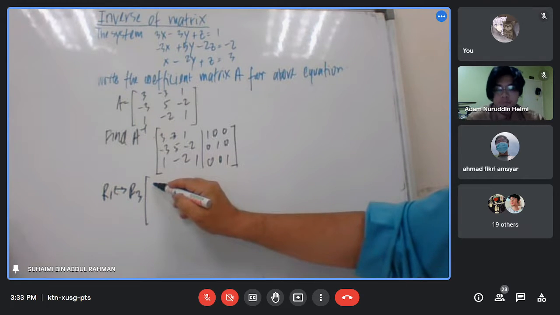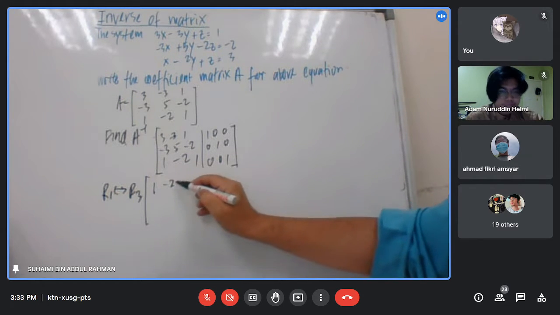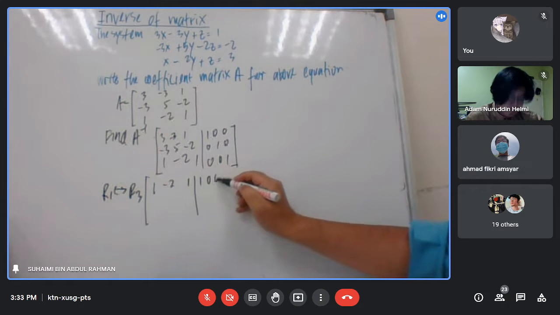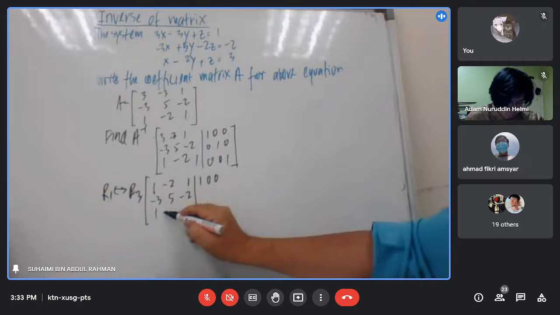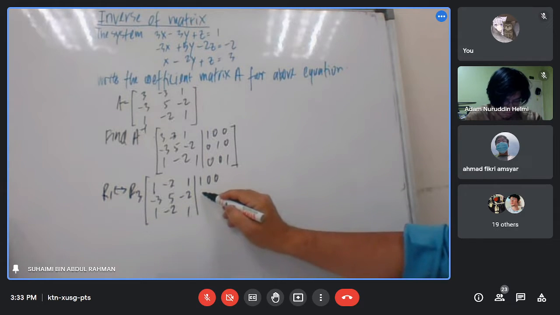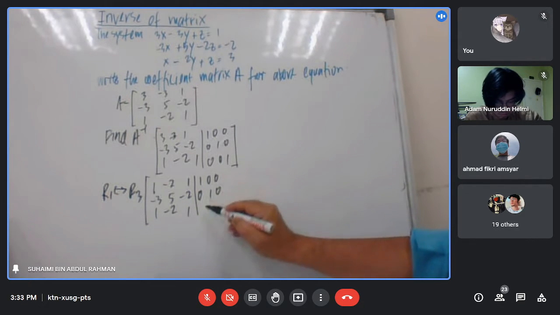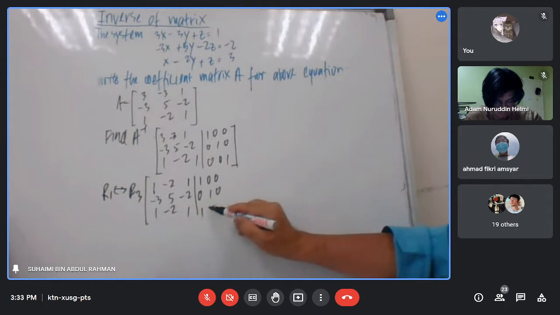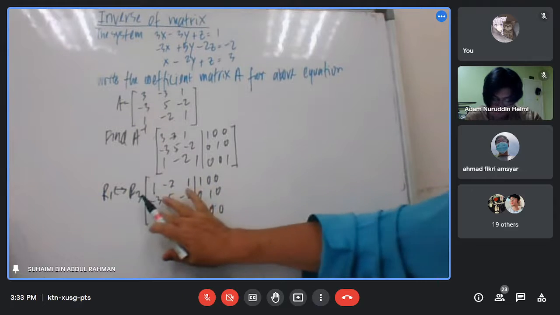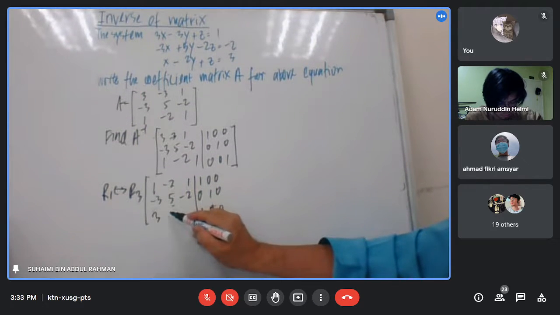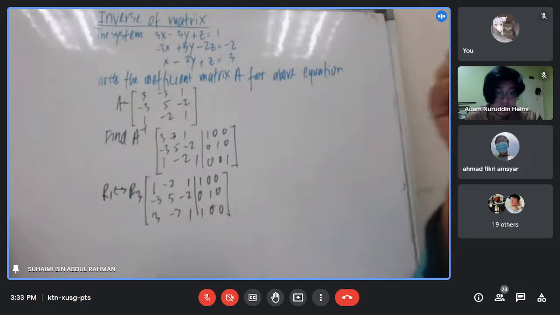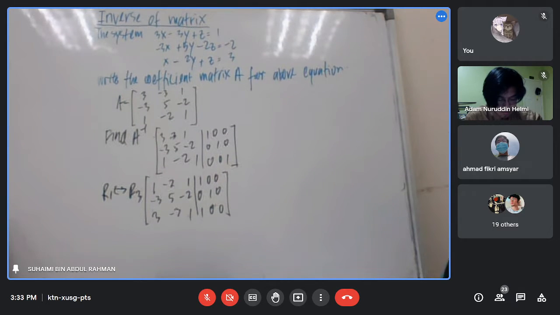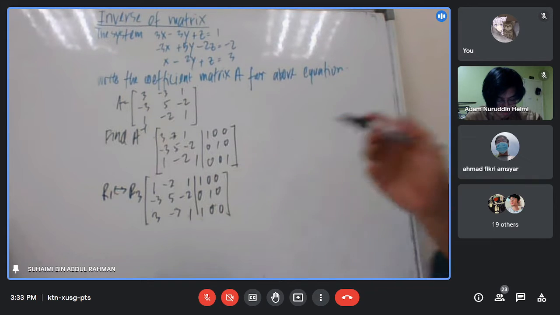So it becomes 1, minus 2, 1, 1, 0, 0, and minus 3, 5, minus 2, 0, 1, 0, and 3, minus 3, 1, 0, 0, 1, because we interchanged already. 3, minus 3, 1 becomes row number 1.